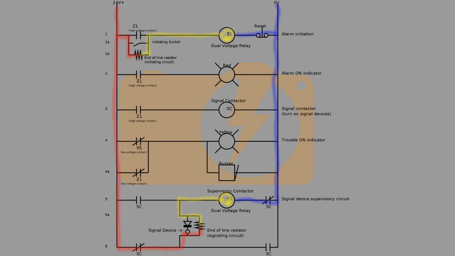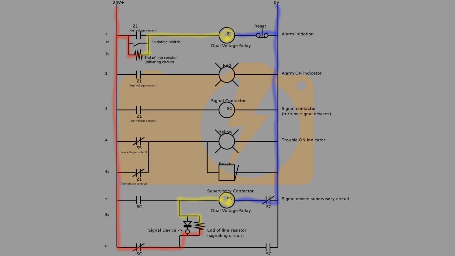When power is first applied to this circuit, current passes through the end-of-line resistor on rung 1B, dropping the voltage. This current then passes through the relay Z1, opening the contact Z1 on rung 4A. On rung 6, 24 volt power passes through the end-of-line resistor in the signaling circuit and then through the low voltage coil of the dual voltage relay SS.